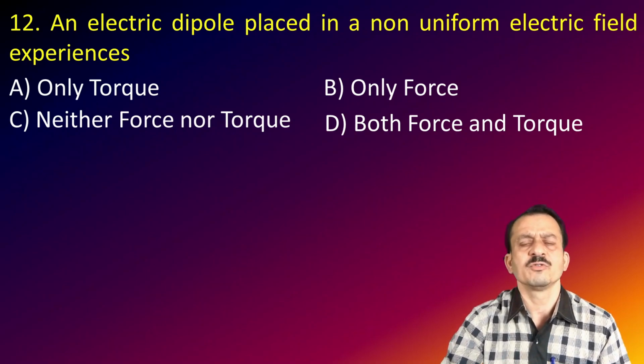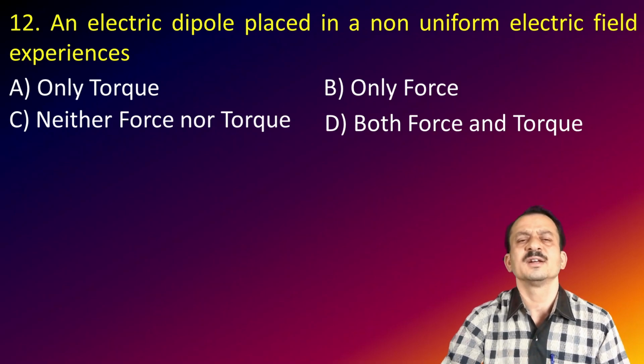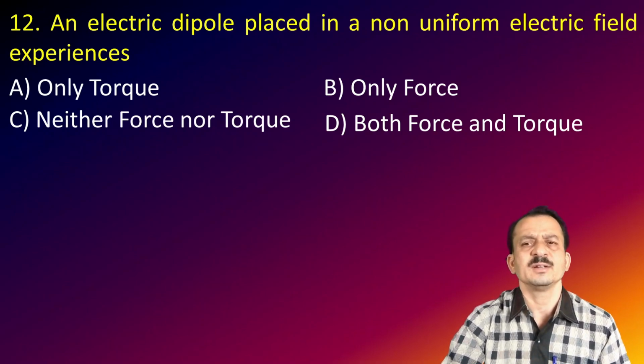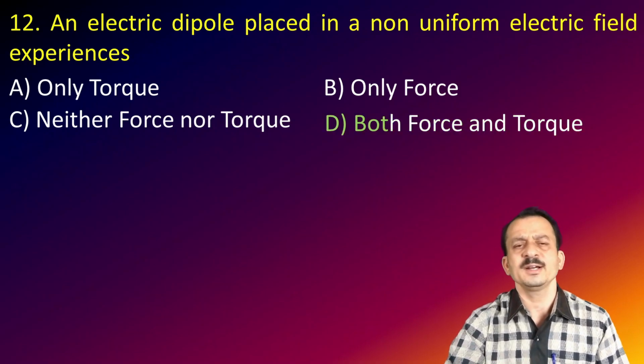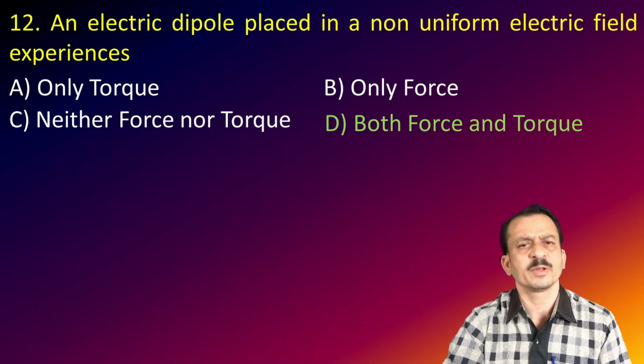If the field is uniform, then the force becomes 0 and it only experiences torque. So therefore here the answer is D. It experiences both force and torque. So, a simple theoretical question. Move on to the next problem.